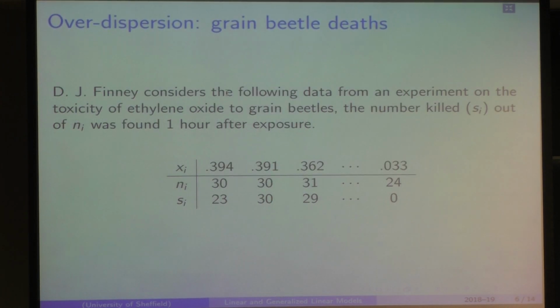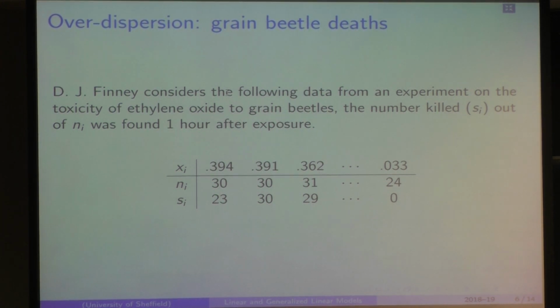Okay, so let's talk about this example. So as I said, I'm afraid it's going to be another toxicity trial with beetles dying. So the experiment was on grain beetles, and it was ethylene oxide that was being tested.